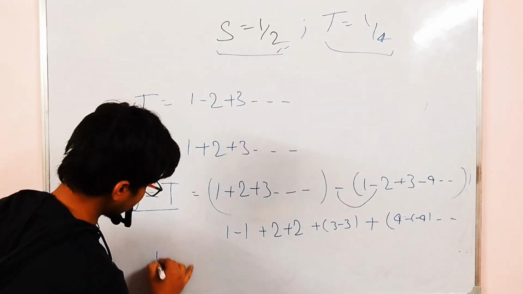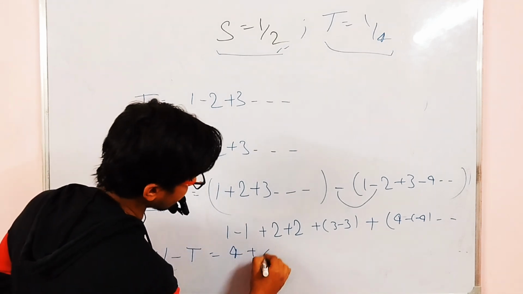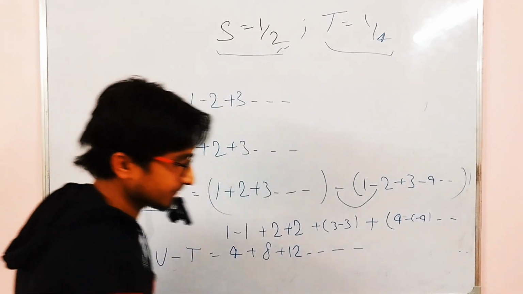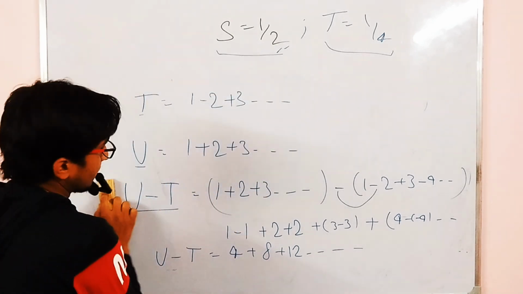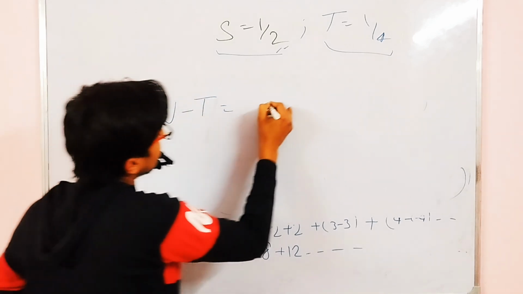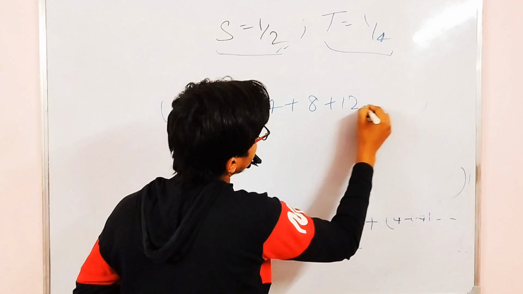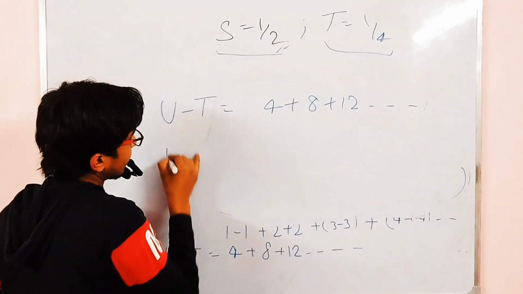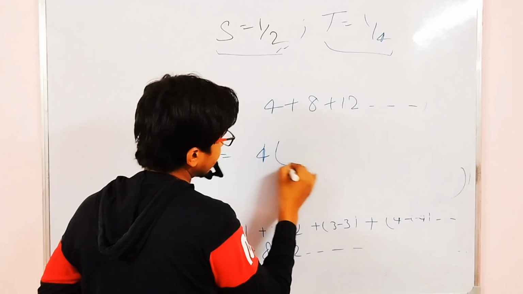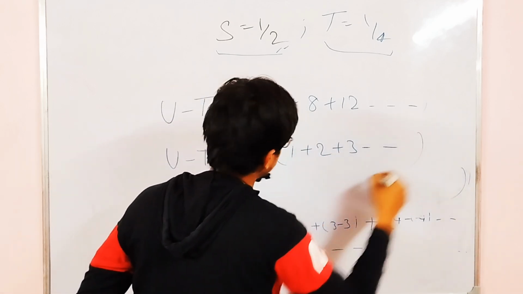So u minus t is equal to 4 plus 8 plus 12 and so on up to infinity. Now we are taking the common factor 4 out, so 4 times 1 plus 2 plus 3 and so on.